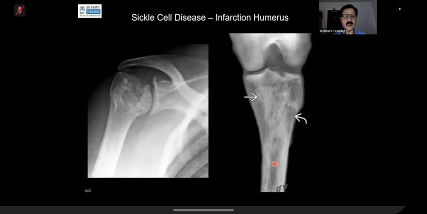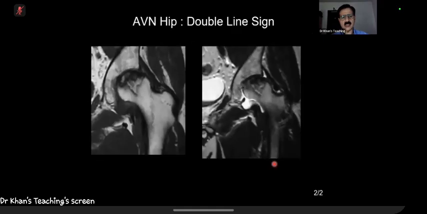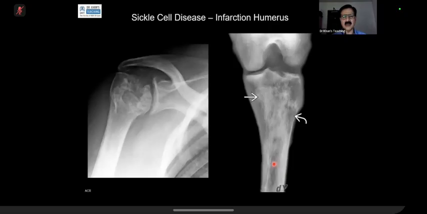Now, here I want you to differentiate between the term AVN, avascular necrosis, versus infarction. Actually, we have just created this difference.